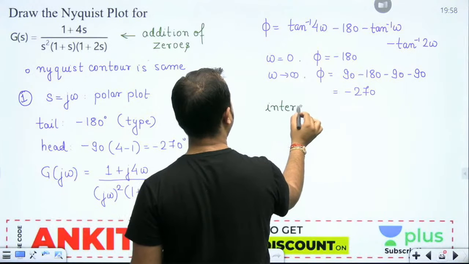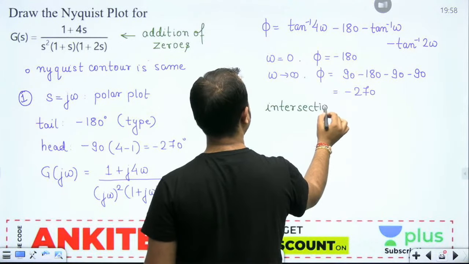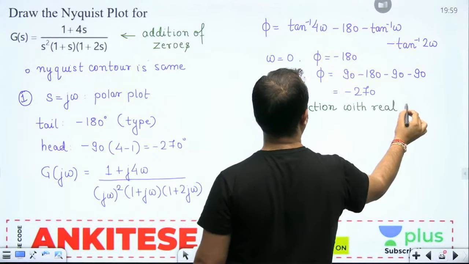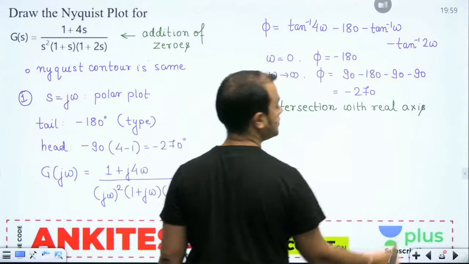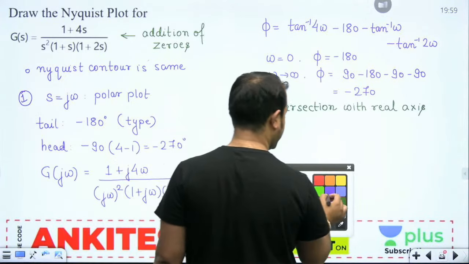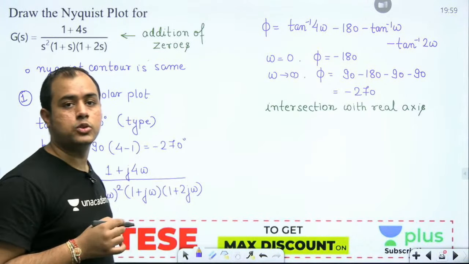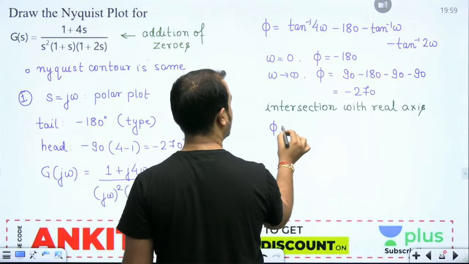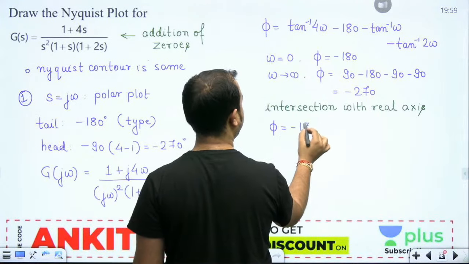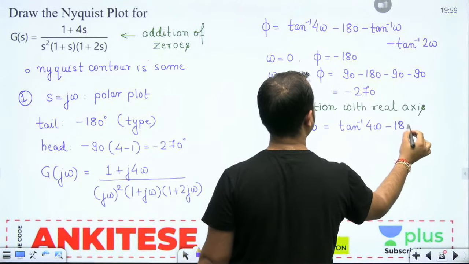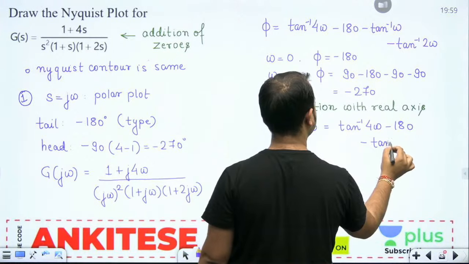Now, tell me one thing, is it clear now? How to draw the small circle? Is it clear to everybody? How to draw the small circle? Yes, in the last problem, 3 semicircles or 1 circle plus 1 semicircle. So to find the intersection with the real axis, you will keep phase equal to minus 180. So minus 180 will get cancelled from both sides.